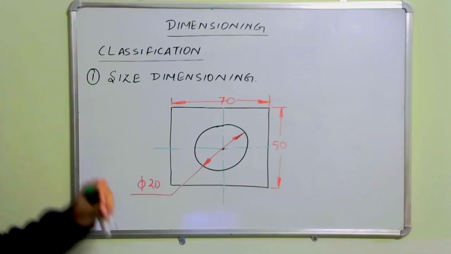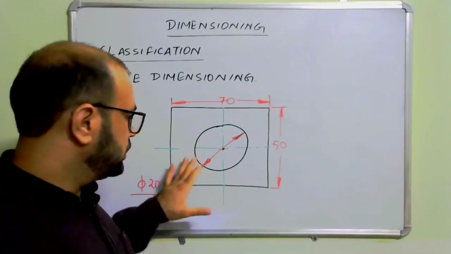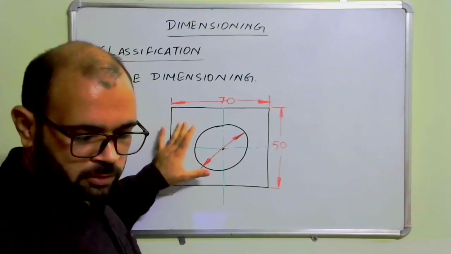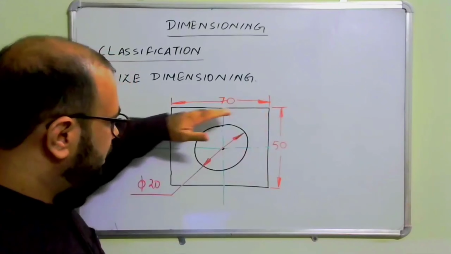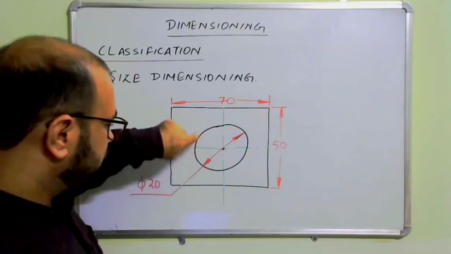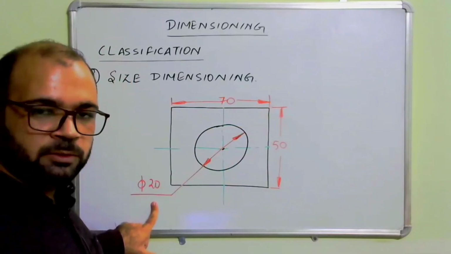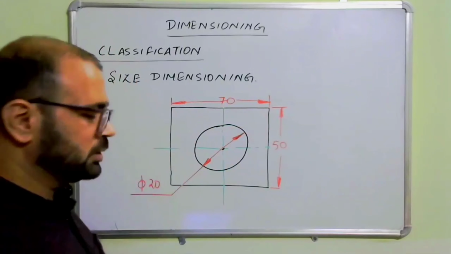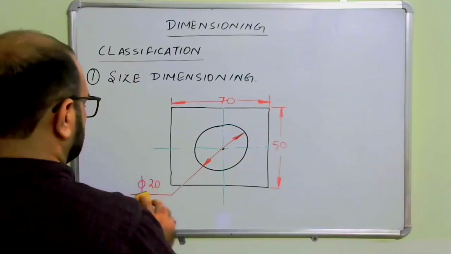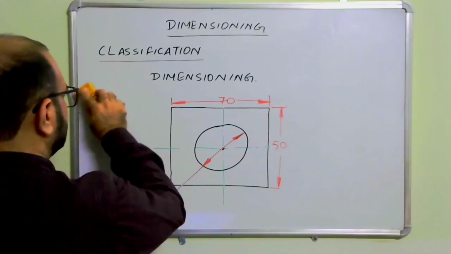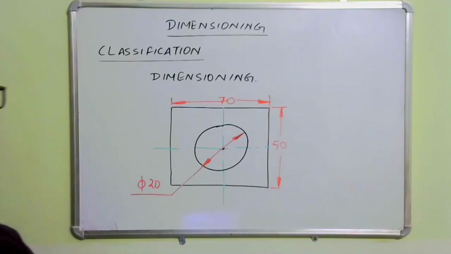If you look at this figure, it basically tells you the size of this object: this side is equal to 50 mm, this side is equal to 70 mm, and the diameter of the circle is equal to 20 mm. So this is known as size dimensioning. The next, second one, is location dimensioning.